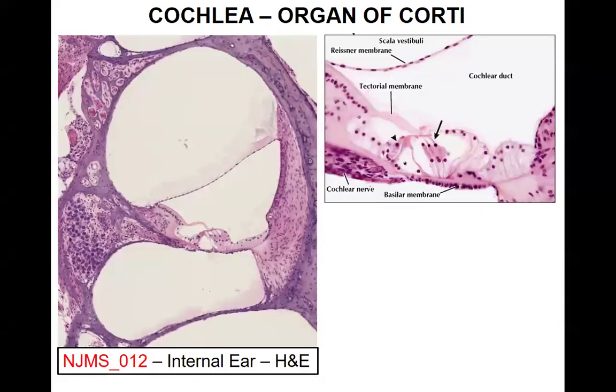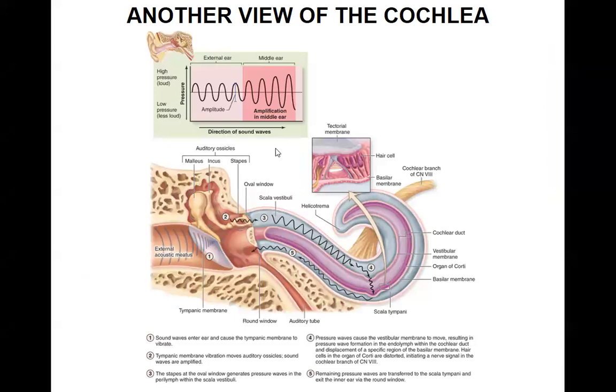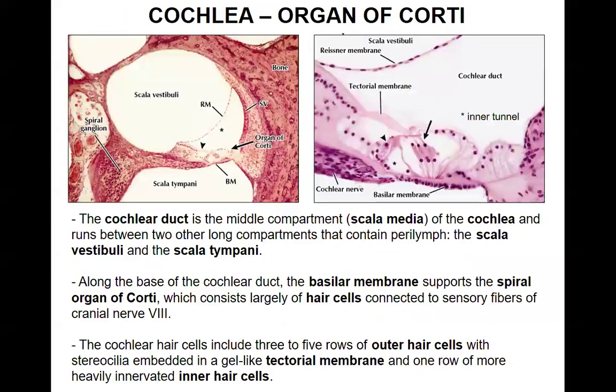What's actually happening is that sounds of various frequencies will set in motion various regions in this scala vestibuli according to the frequency. And so it will generate action potentials from hair cells at various levels along the spiral organ of Corti.